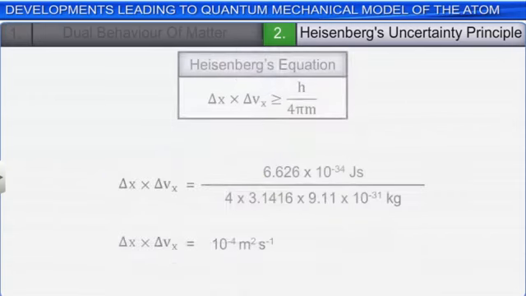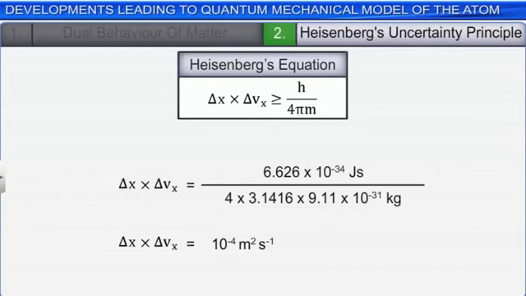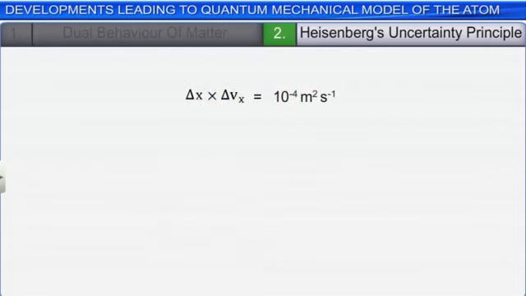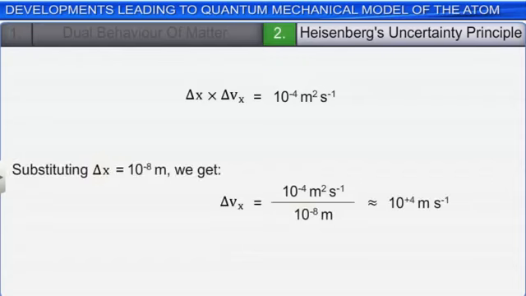As we have already calculated, for an electron, the product of delta X and delta V is found to be equal to 10 raised to the power minus 4 square meters per second. Therefore, the uncertainty in velocity can be calculated by substituting the value for delta X, say 10 to the power minus 8 meters, in the Heisenberg's equation.